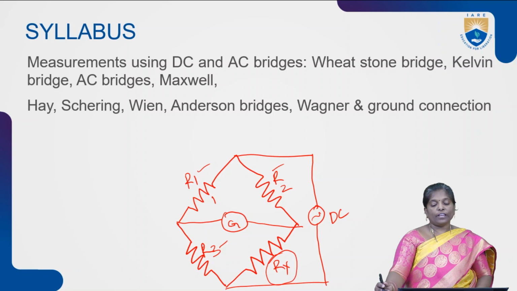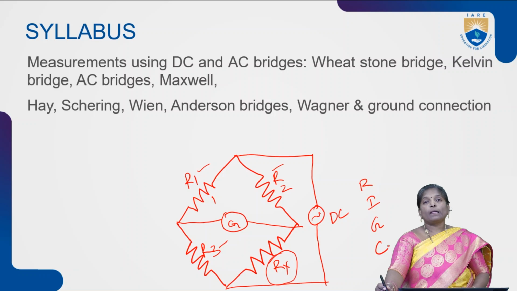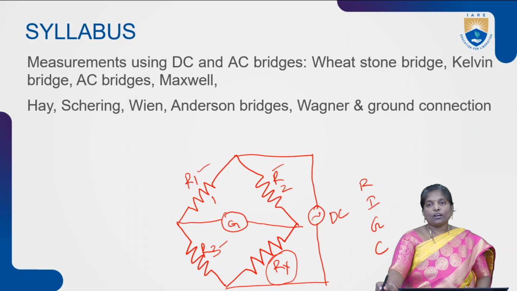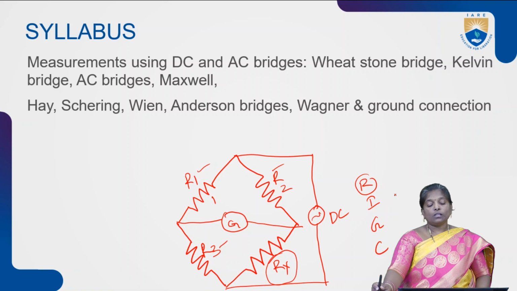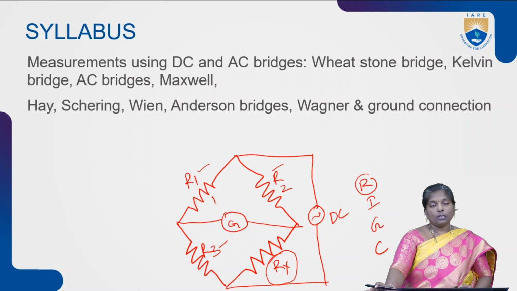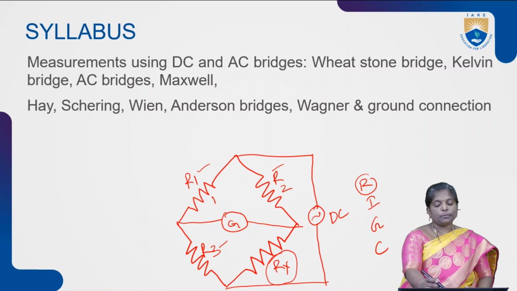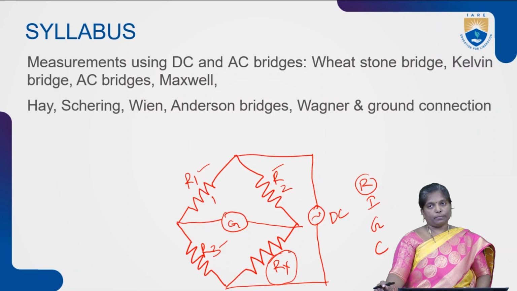But whether we are finding resistance, inductance, conductance or capacitance, in any of these parameters, if you want to measure any of these four, always the bridge consists of four arms. By making the balanced bridge condition, we have to find out the unknown parameter.